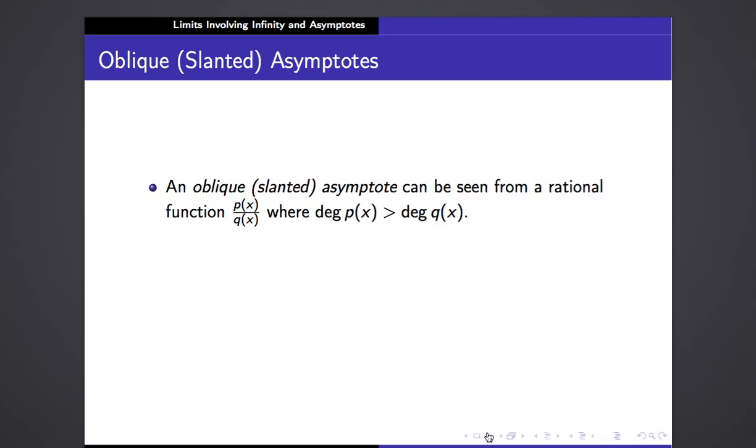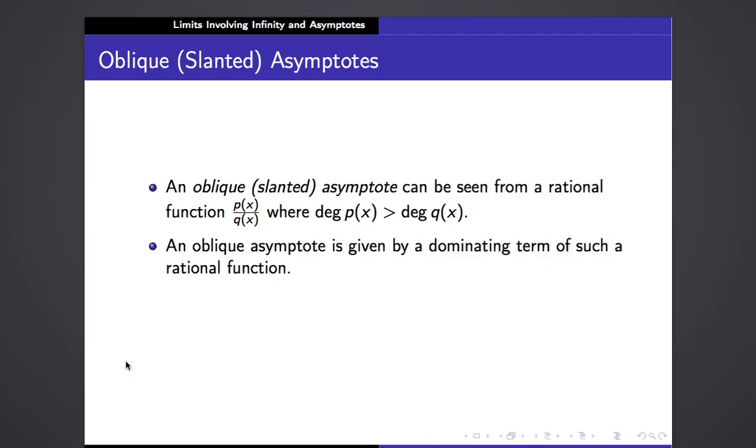An oblique asymptote is given by a dominating term of such a rational function.